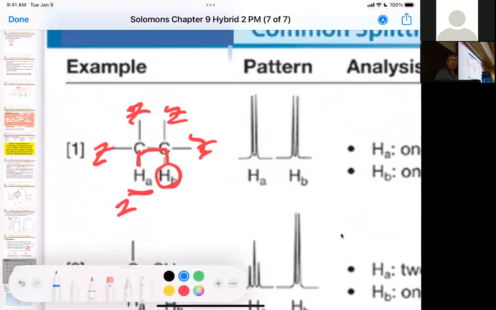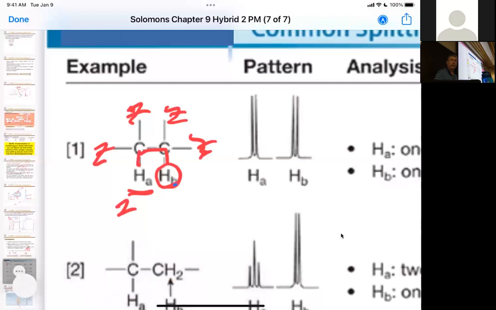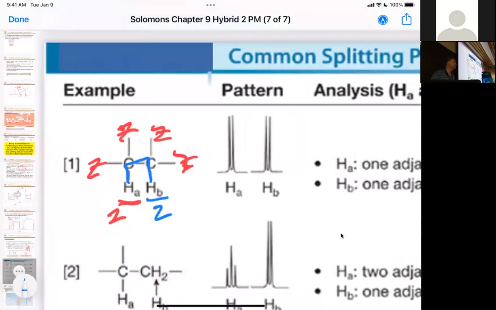Okay, and now if we look at this side here, it has 1 hydrogen within 3 bonds, so we're going to get 2 peaks. So the pattern we'll see is a doublet of doublets. Doublet is 2 peaks, doublet of doublets. Okay, so that's pretty common right there.